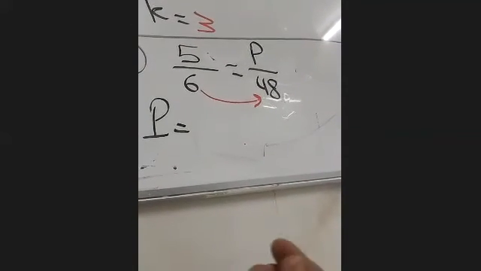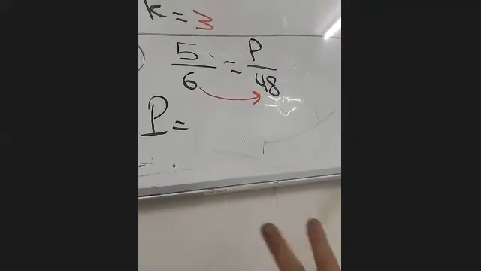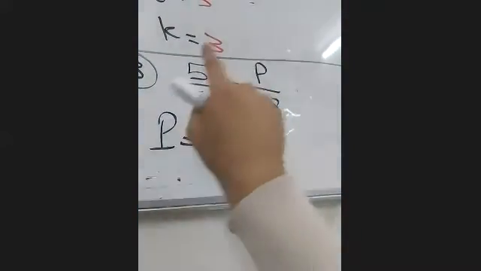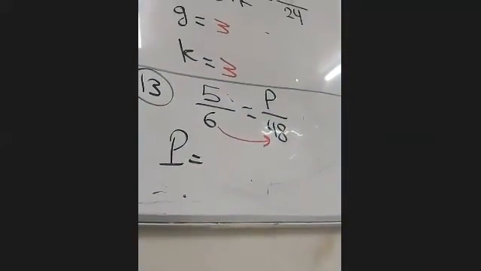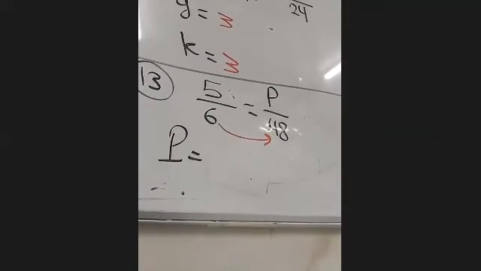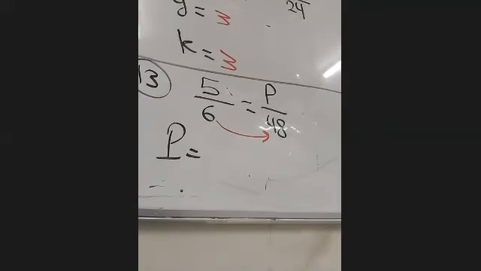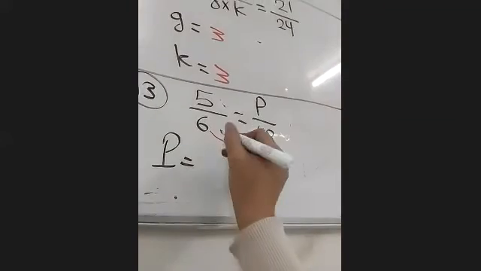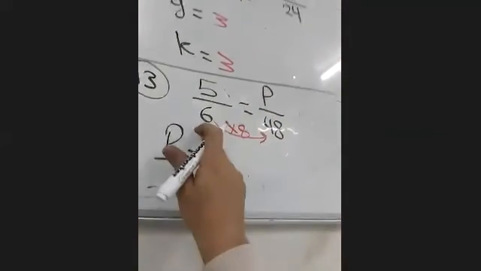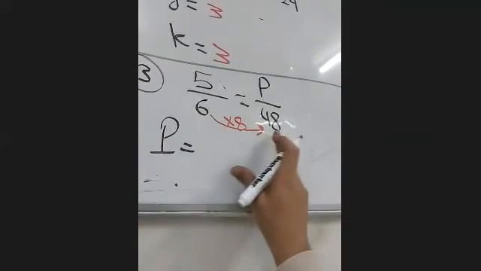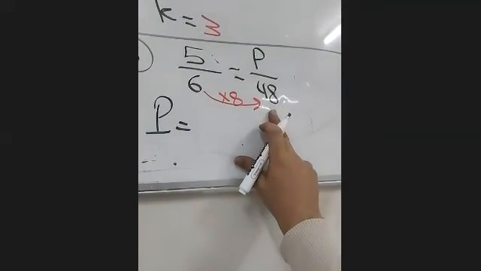Ibrahim, focus a little. Slowly. Okay. How does the 6 become 48? By 6 multiply 8. Excellent. If we multiply here with 8, 6 multiply 8 is 48.